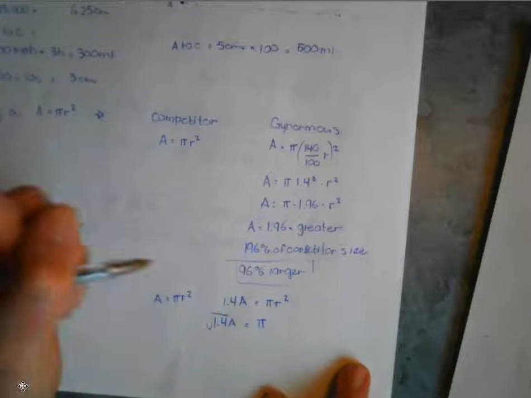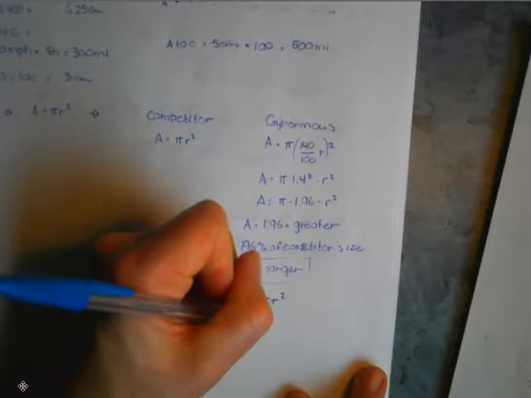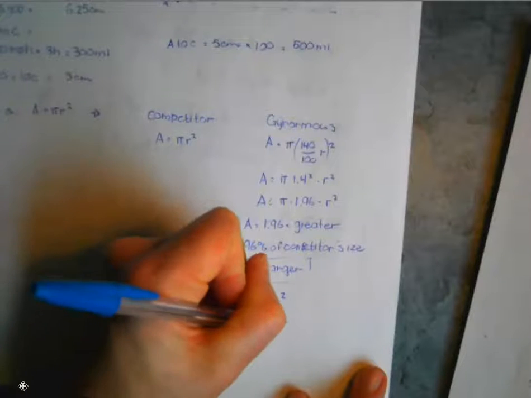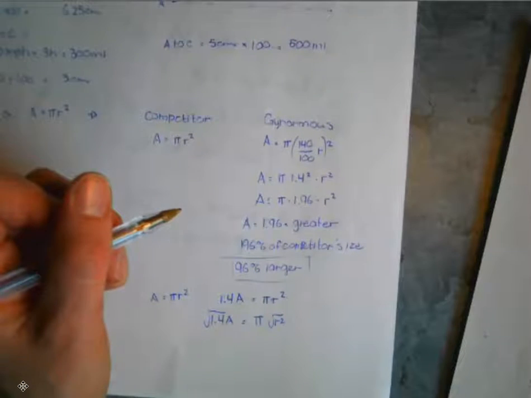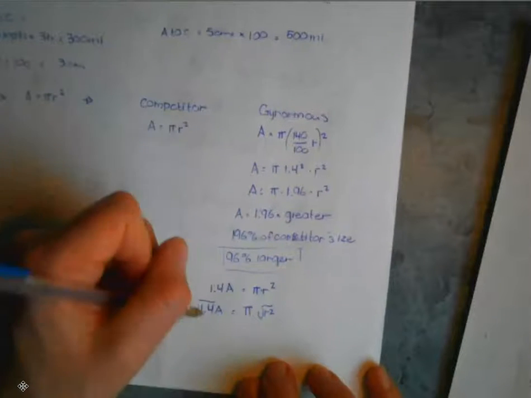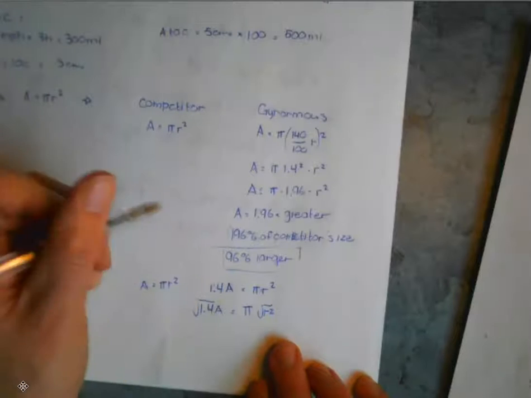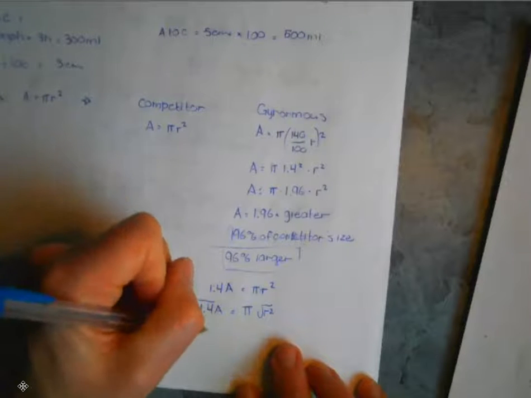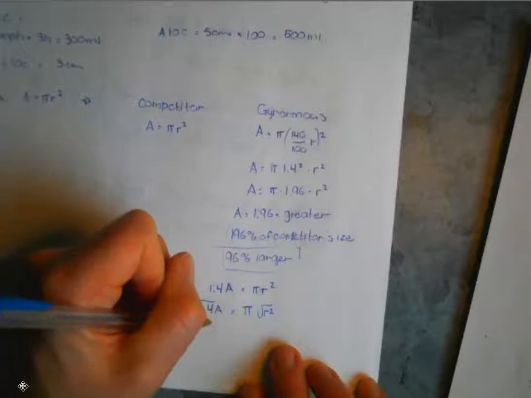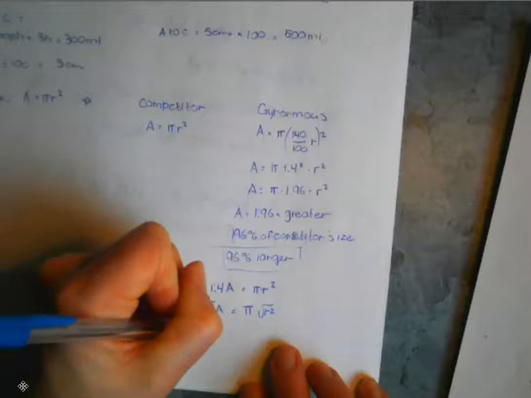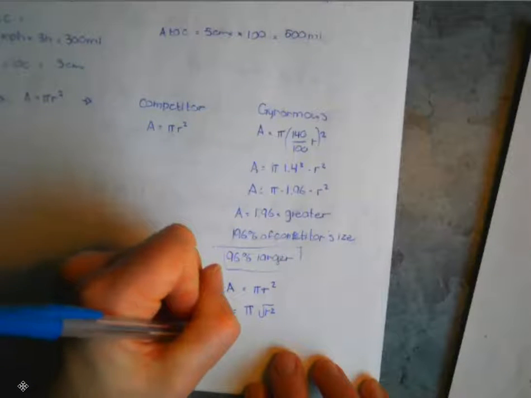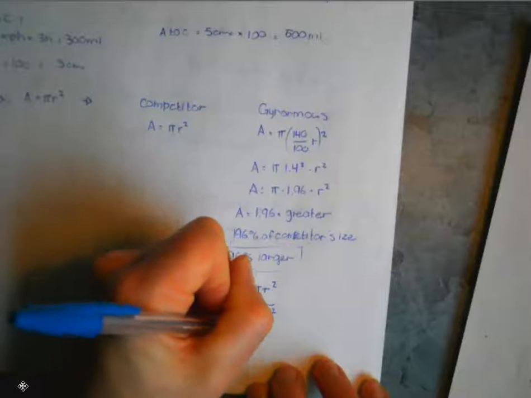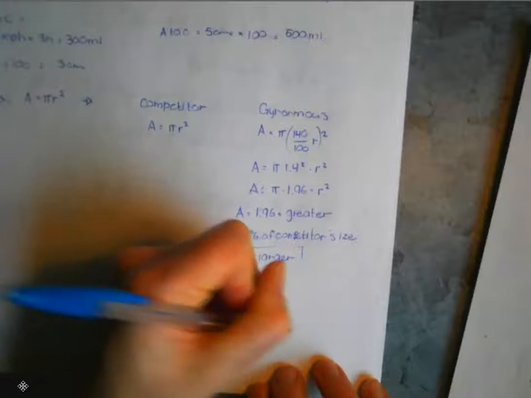So we need the square root of 1.4 is going to be equal to the square root of, sorry guys, my microphone cut out there. So it is equal to radius squared. So now if we square root 1.4, we should end up with 1.18. Area is equal to pi times 1.18 radius.